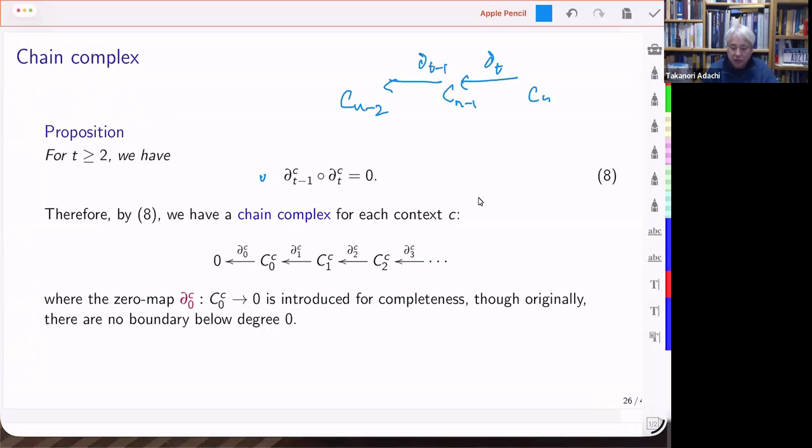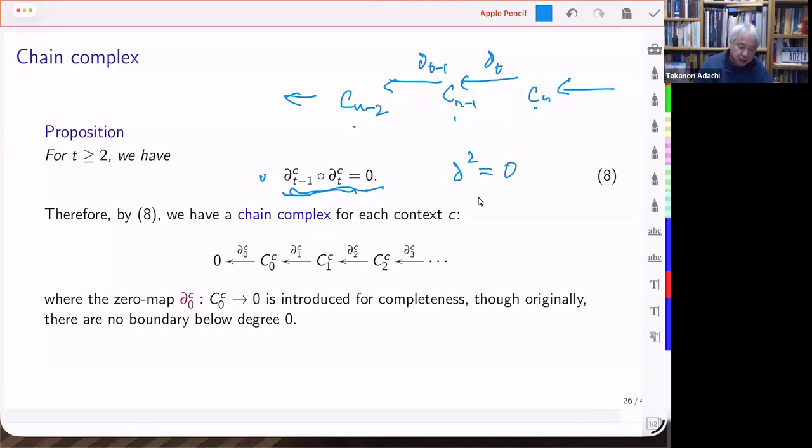The composition of these two becomes 0. These are of course Banach spaces, so 0 means just the vector space which consists only of 0. If this chain satisfies these relations, we usually write just delta squared equals 0. Then it is called a chain complex.